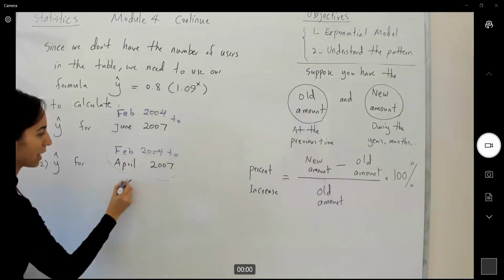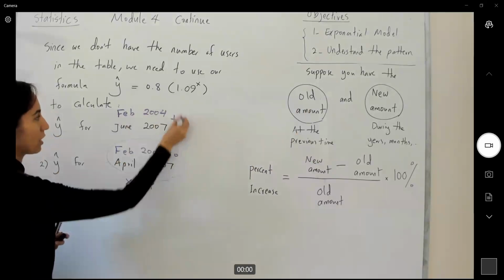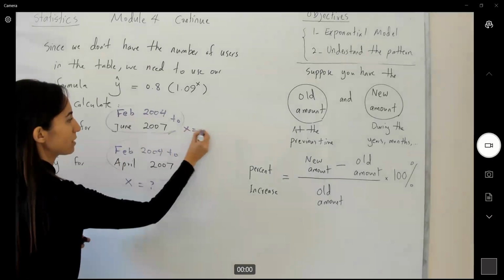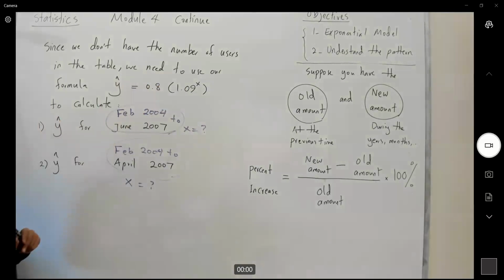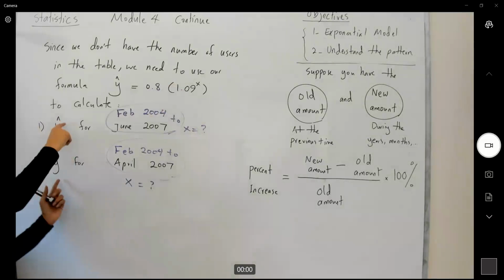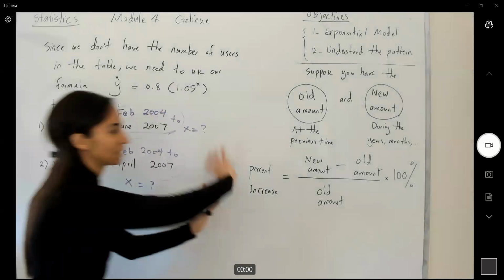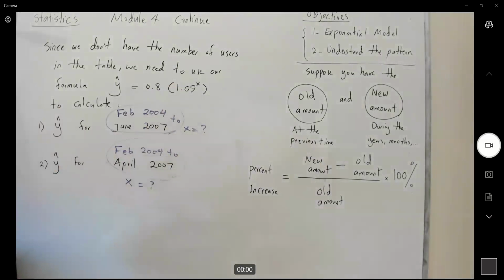So we need to find our x values. What is our x? Then we're going to use our formula to find y hat for those and then use the percent increase formula. Okay, take your time.